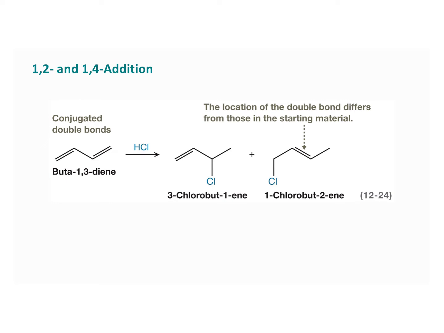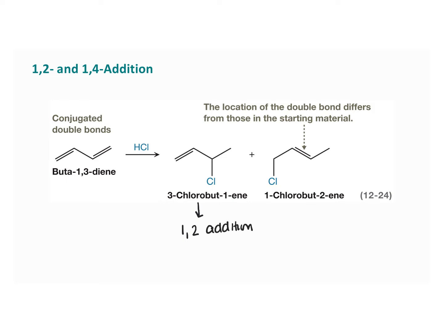The hydrogen and chlorine atoms that added to the diene to produce 3-chlorobute-1-ene are separated by 2 carbon atoms, making it the product of a 1,2 addition. So the 3-chlorobute-1-ene is called a 1,2 addition.